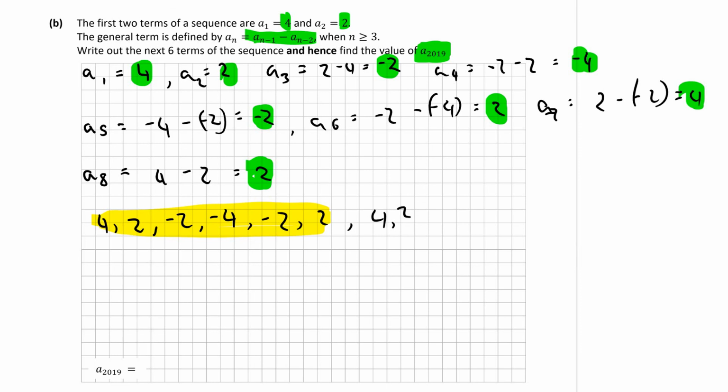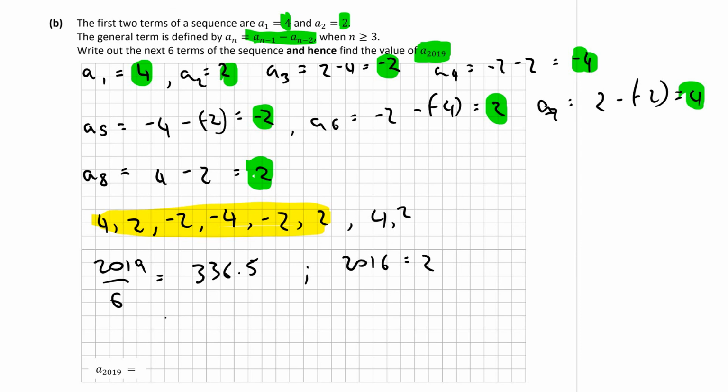So if we're looking for term 2019, we know that it goes into 336.5, as there's a remainder of 0.5, and half of 6 is 3. As there are an even number of multiples in 2016, that must be the 6th term.